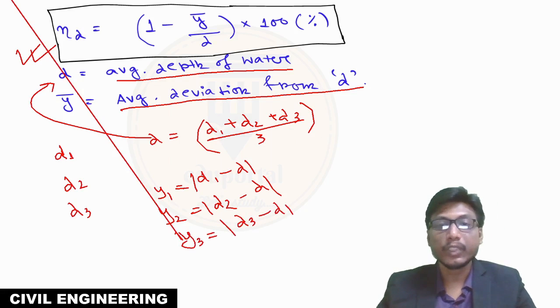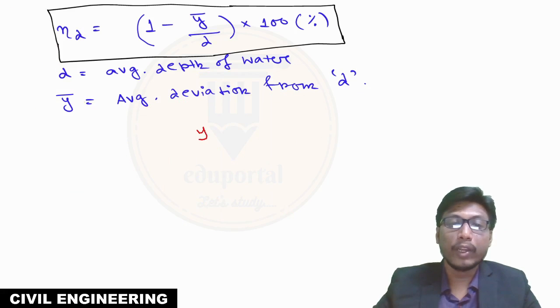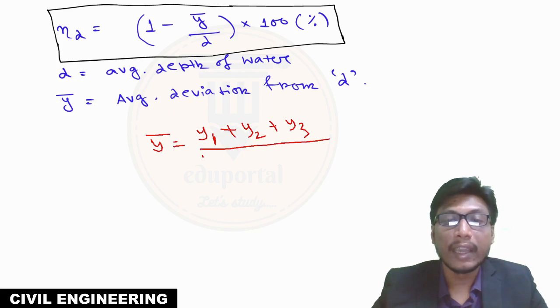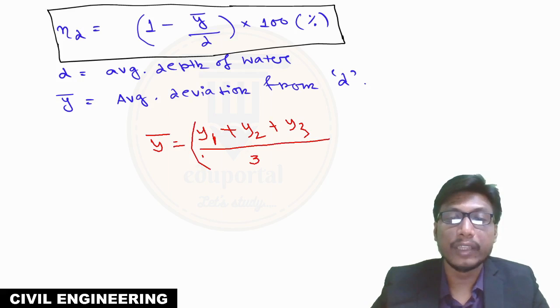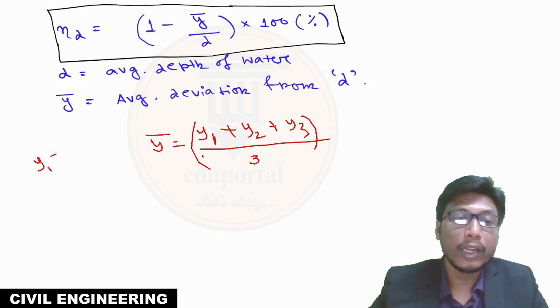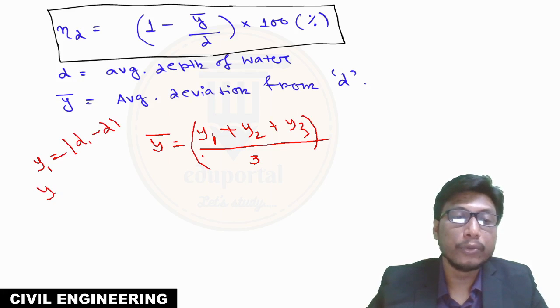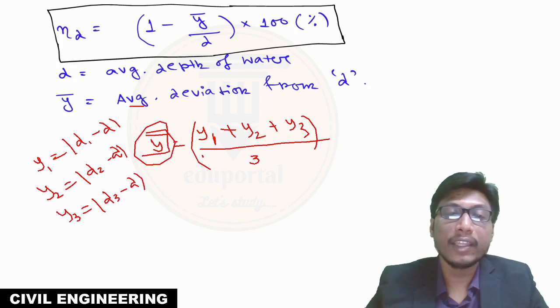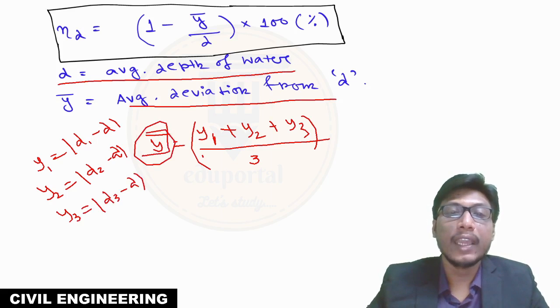Okay, so we have found three things: y1, y2 and y3. So y bar is the average deviation from d, where y1 is equal to modulus of d1 minus d, y2 is equal to modulus of d2 minus d, and y3 is equal to modulus of d3 minus d. Okay, so y bar is the average deviation from d and d is the average depth.